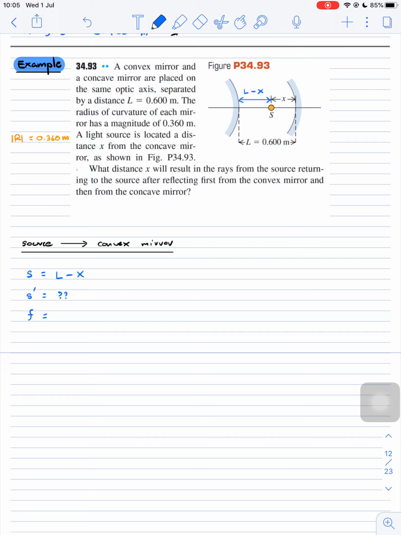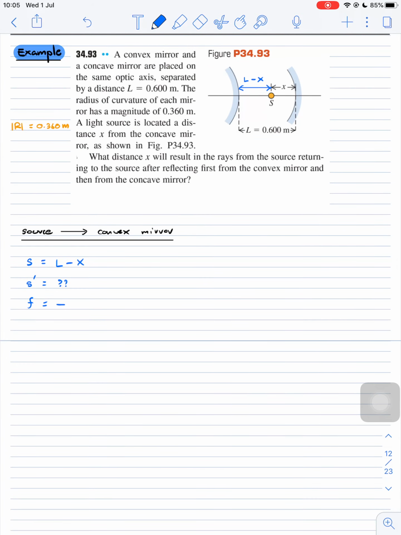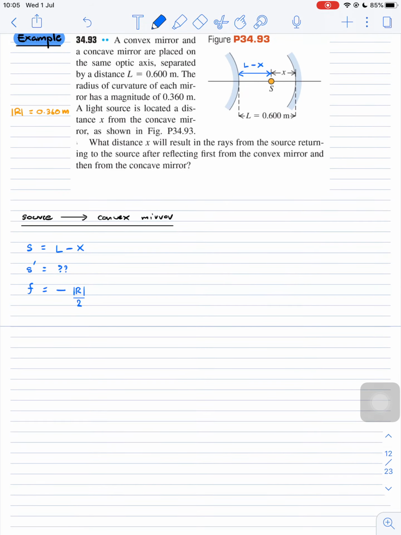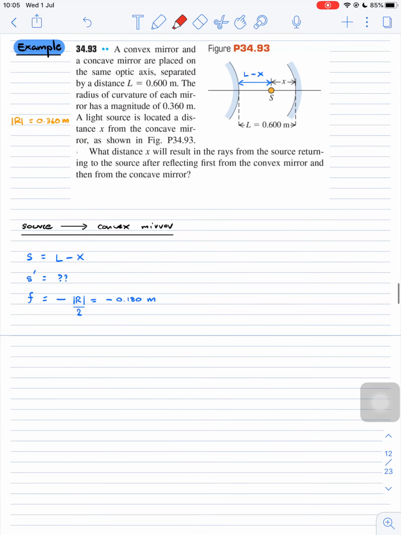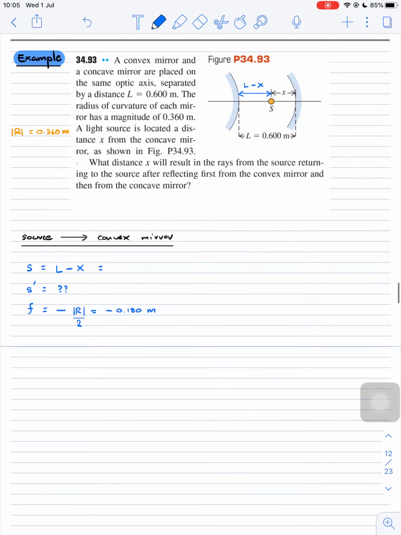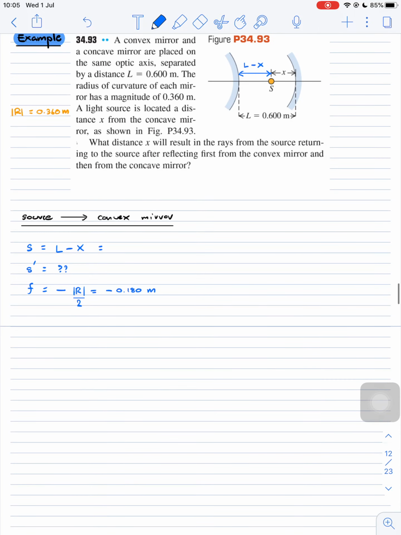Then F equals minus the absolute value of R over 2, or minus 0.180 meter, plugging in R. And S is equal to L, 0.600, minus x.